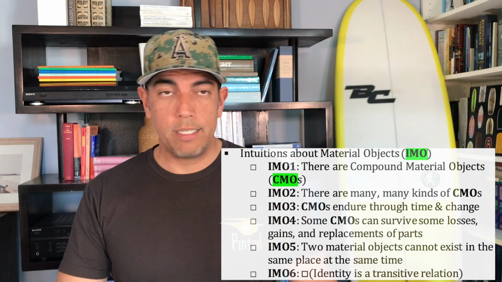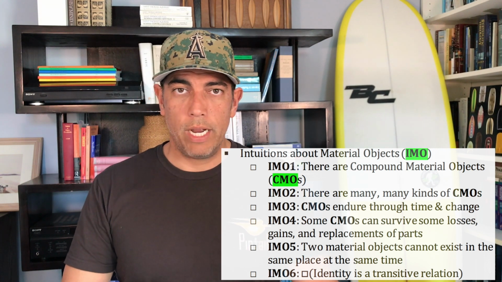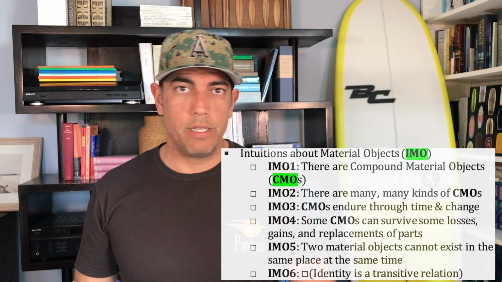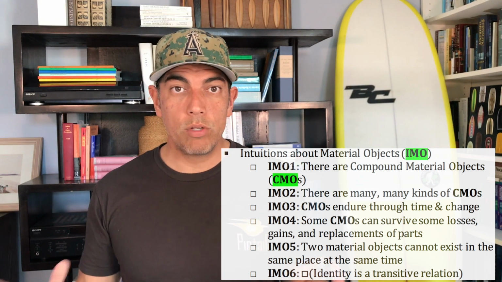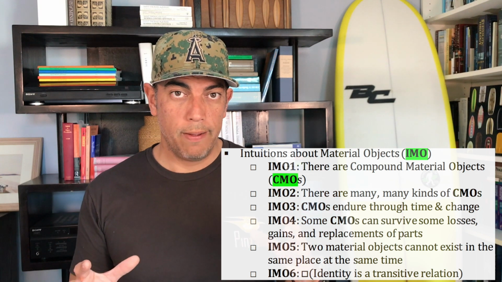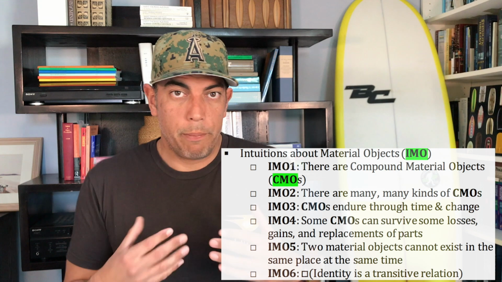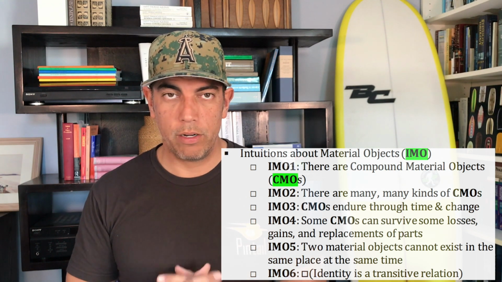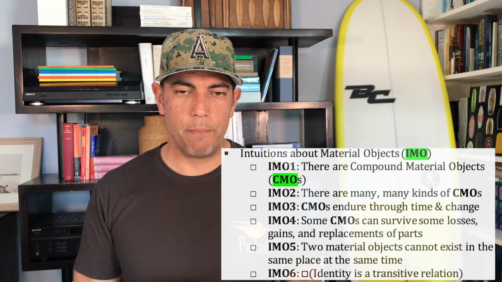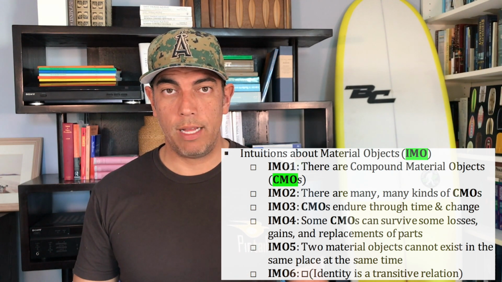Number 2, it seems like there are many, many kinds of compound material objects. It seems like there are surfboards and buses and people and plants, and those all seem to be objects made up of stuff, compound, made out of lots of different parts, and yet they are different kinds of compound material objects.